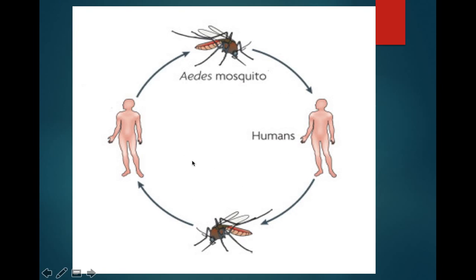That is how this cycle of Aedes mosquito to human, human to Aedes mosquito goes on, and this dengue infection goes on spreading.